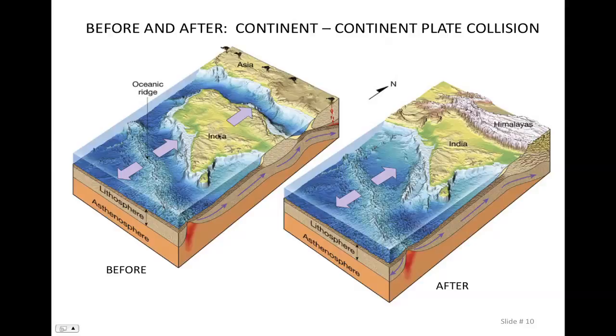India was a tiny continental lithosphere that is basically riding on the plate on this side. As divergence was happening here, India was basically being pushed toward Asia, and there was an intervening ocean basin before India collided with Asia, and this is that there.